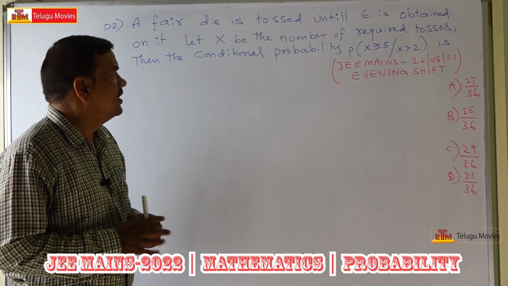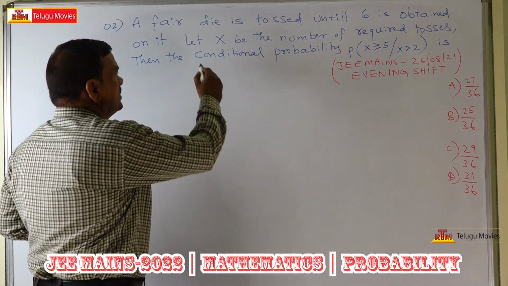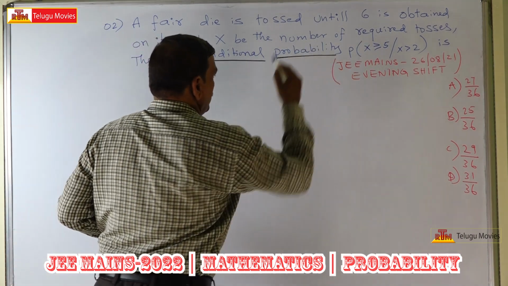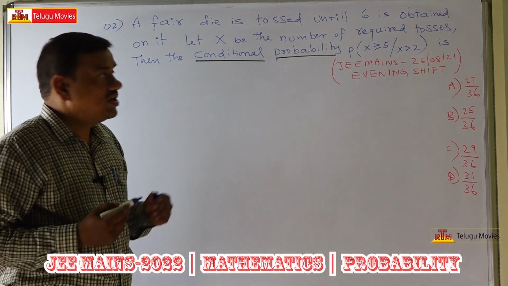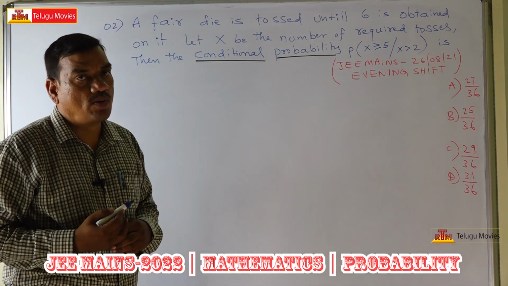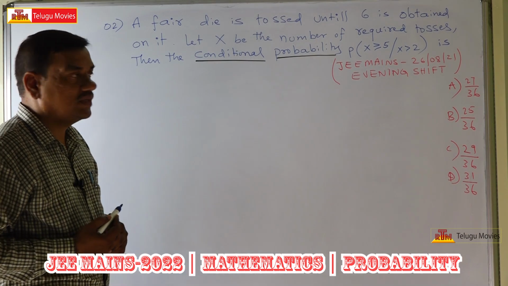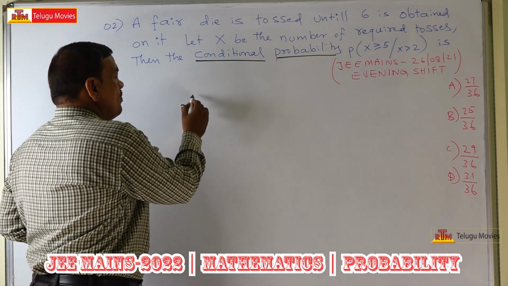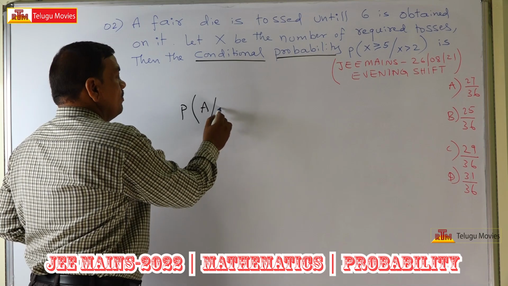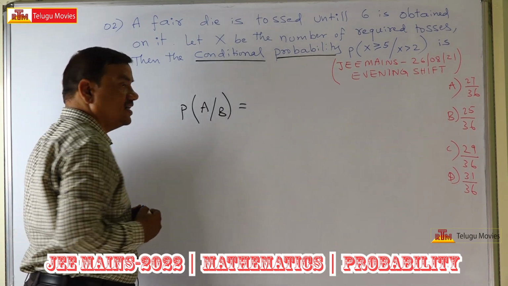Okay, first he is saying one word, that is conditional probability. First I will explain what that conditional probability is. That means probability of A given B. What is that?